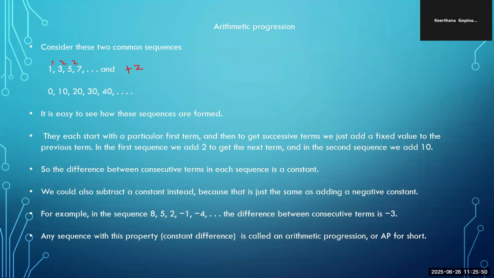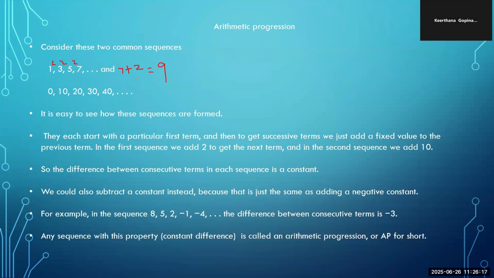Now to get the next term, what will you do? 7 plus 2, correct, 9. That would be the next term. So a fixed term is getting added to every term to arrive at the next term. Are you getting it?